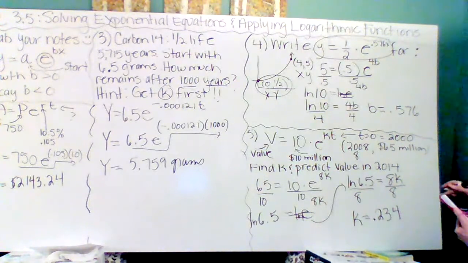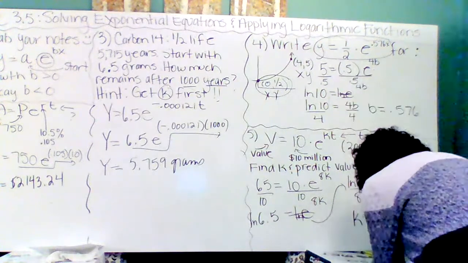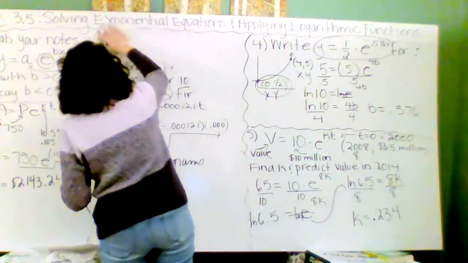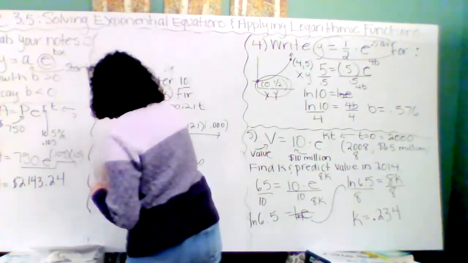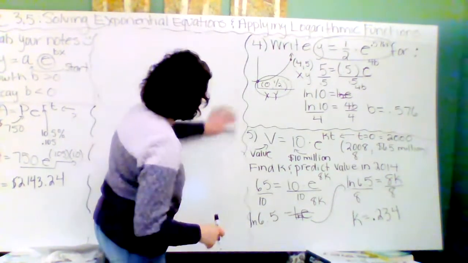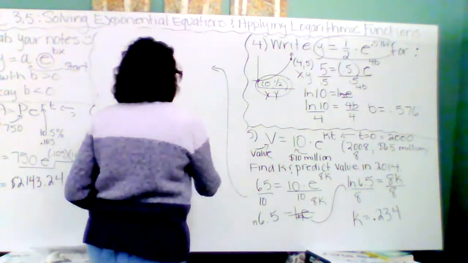Okay. Now they want us to predict, so that's our K. So if you don't mind, since we already have this done, I'm just going to come on over to the left and answer their next question. So they asked us to find K, and we did. Okay. Now they want to know. Here's my new equation.